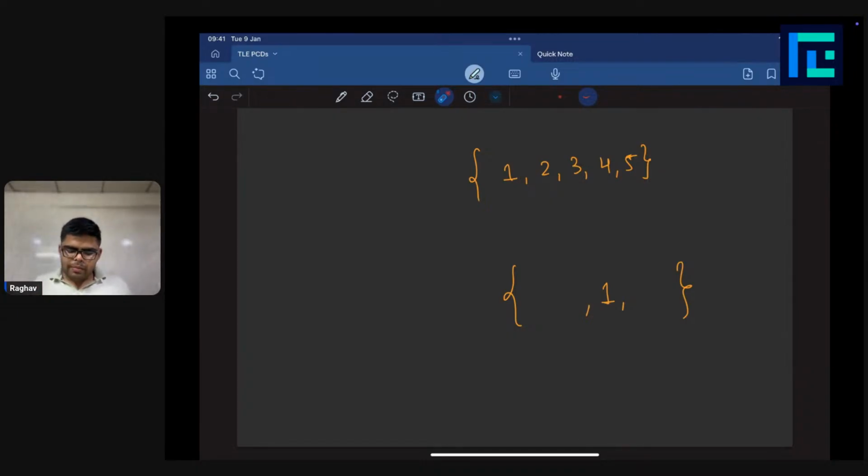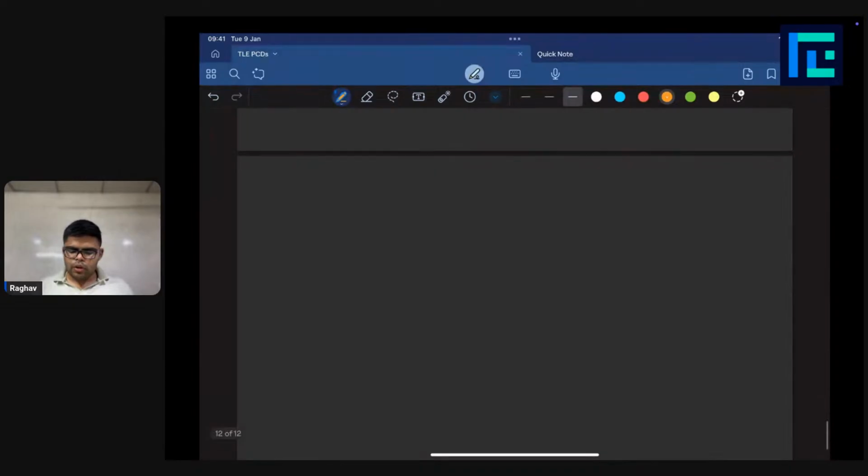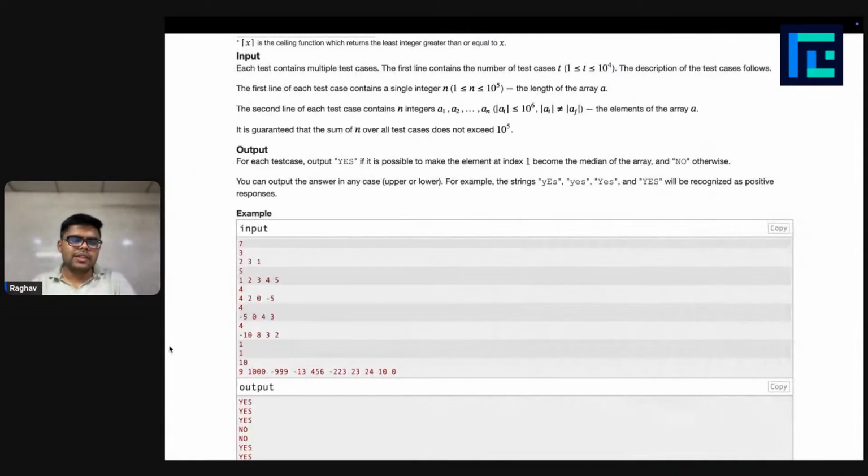To make sure this happens, you can just keep two of the larger people as they are, and for the other people you can just multiply them with -1, right? So you can make the array look like this, so that 1 will become the median. This is how you could have solved this example test case.